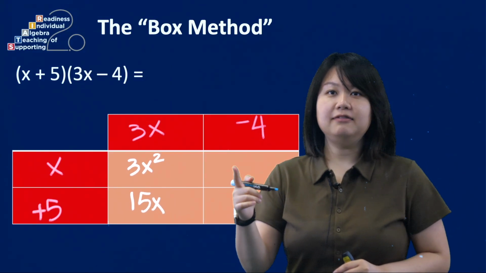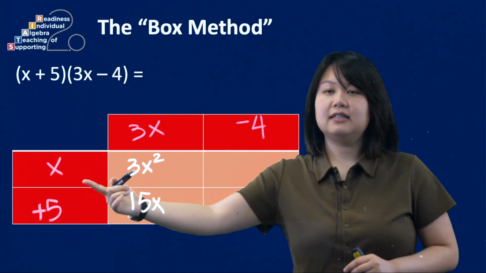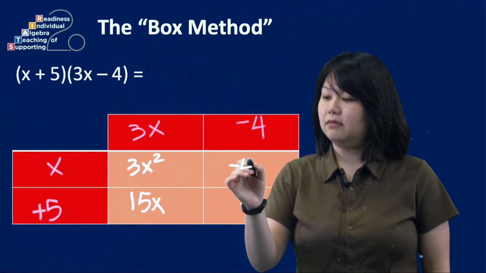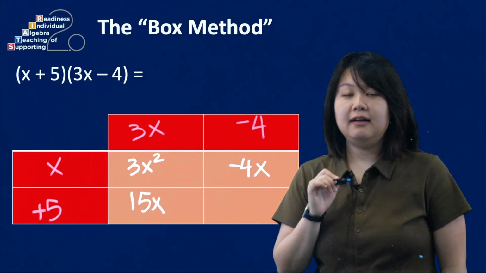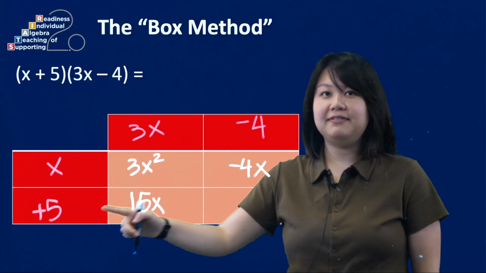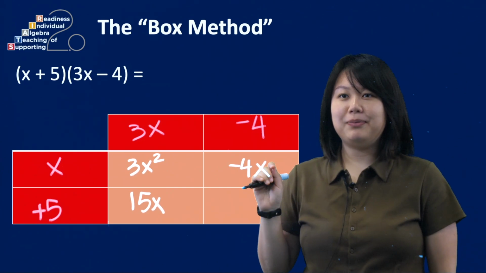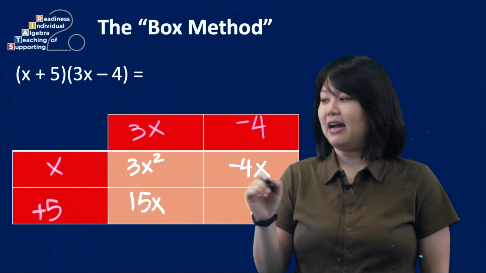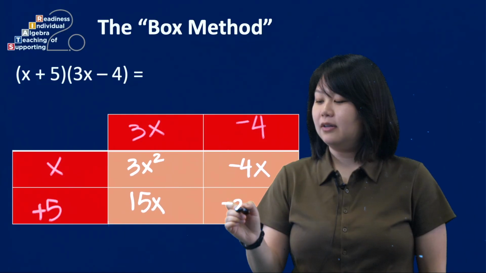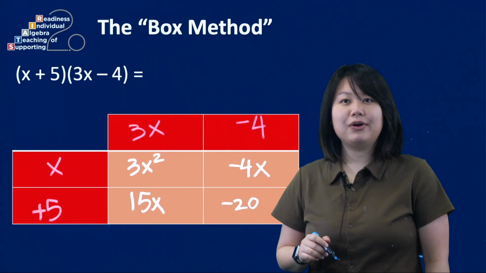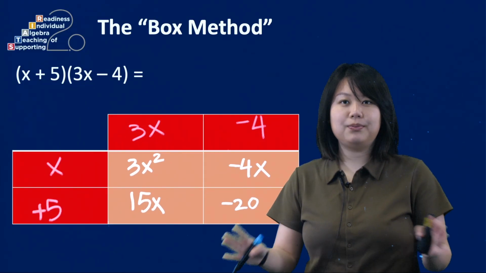Now here we have negative 4 times x, or x times negative 4, which gives me negative 4x. And finally, we have positive 5 times negative 4. So we have positive and negative, and we have multiplied those together, we have one negative value, which is negative 20. So now that I have these four terms, I'm going to combine all of the terms into one single line.